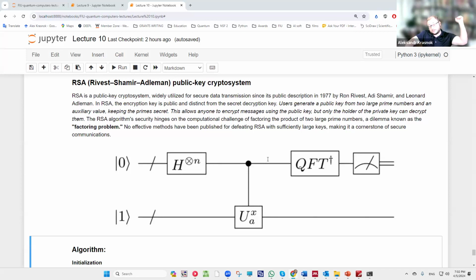Second, the area is very actively developing, with thousands of mathematicians, scientists, and computer scientists developing new algorithms to be used on existing quantum computers.